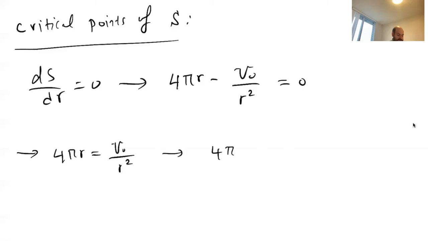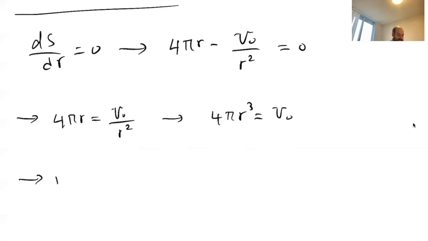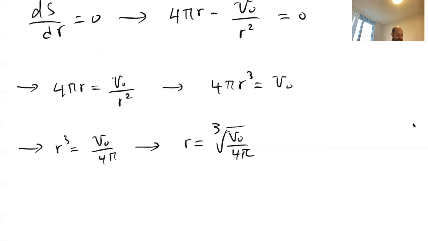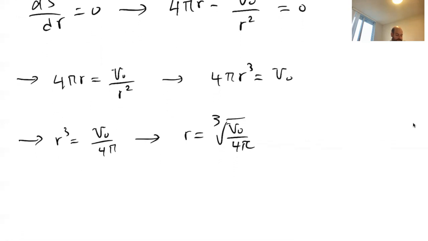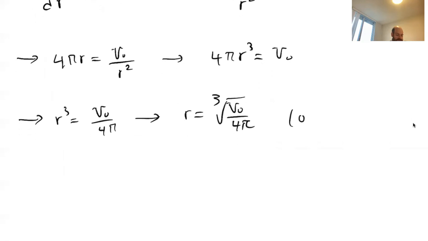So 4 pi R cubed equals V0, and then R cubed equals V0 over 4 pi. R equals the cube root of V0 over 4 pi. Okay, so we have only one critical point.